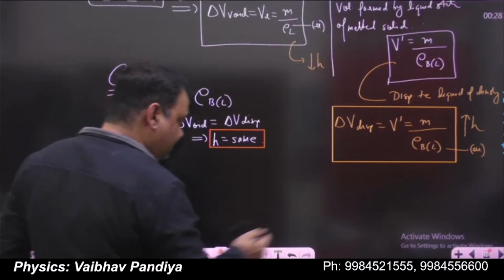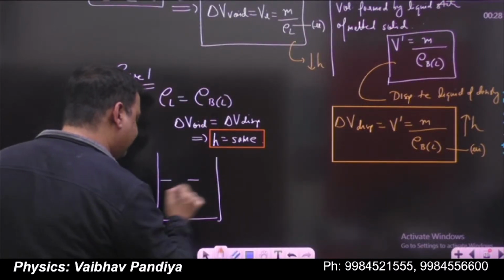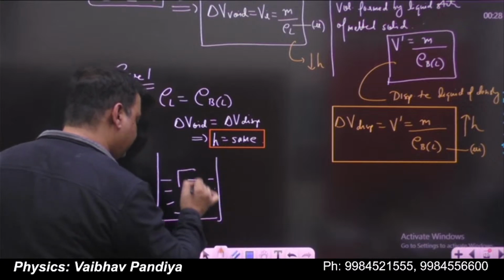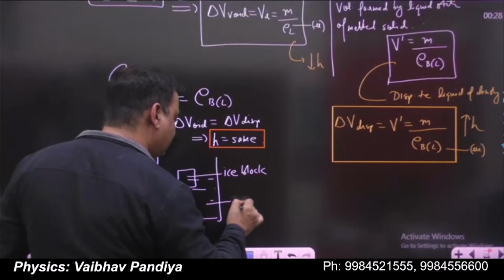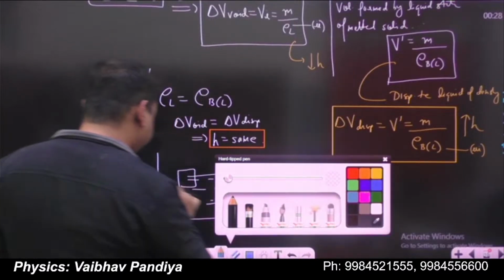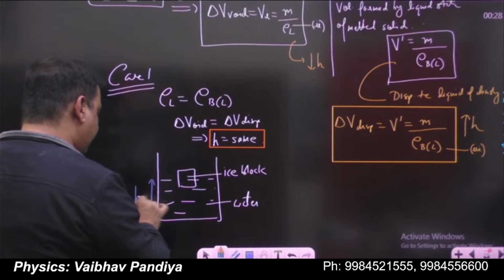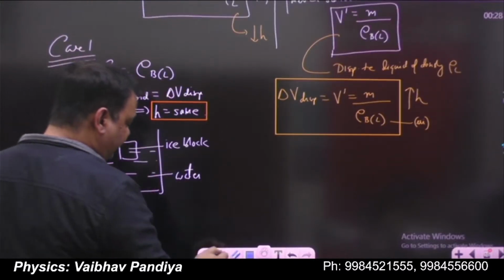Like if you say the illustration, consider an ice block. We have an ice block in water, okay? And say this level is H. Now what do you think? Will there be any change when the ice melts?